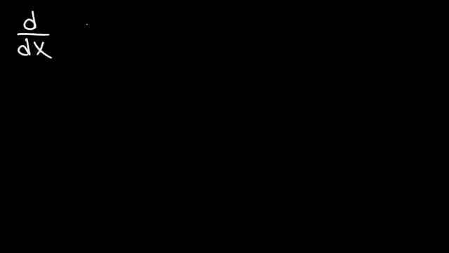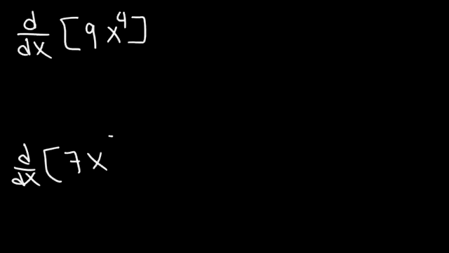Here's another one. Find the derivative of 9x to the fourth and also 7x to the fifth power. So this is going to be 9 times the derivative of x to the fourth, which is 4x raised to the 4 minus 1, or 4x cubed. And then you just got to multiply 9 times 4.